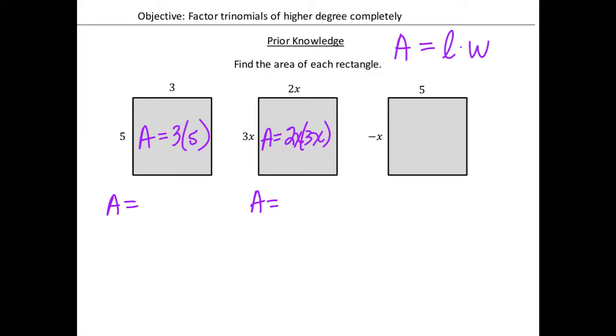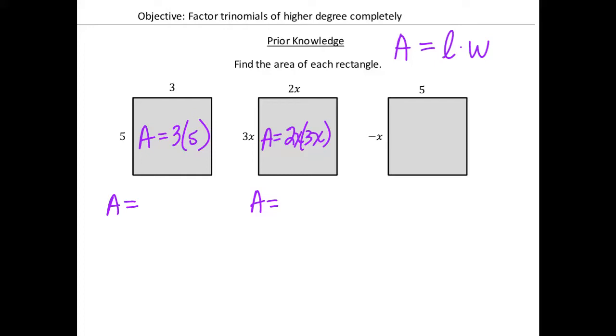Okay, lefties, tell your partner, what did you get for all 3 of your areas? Okay, ready? For the first one, what did you get?